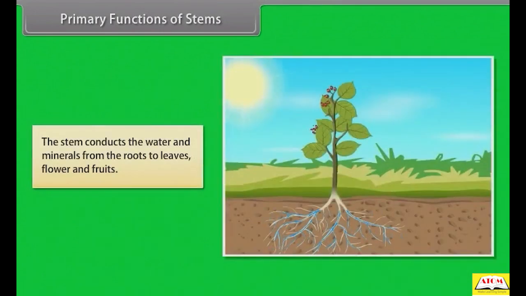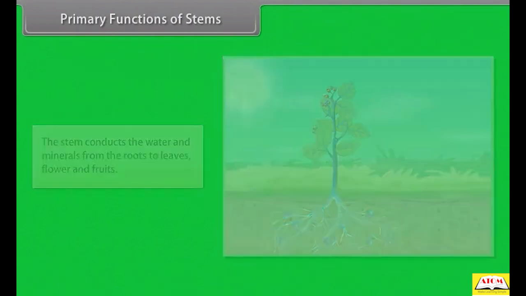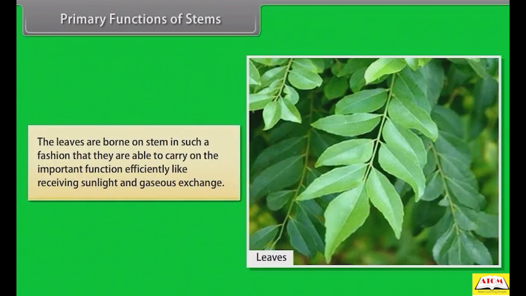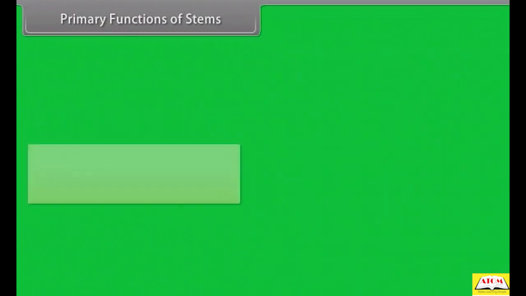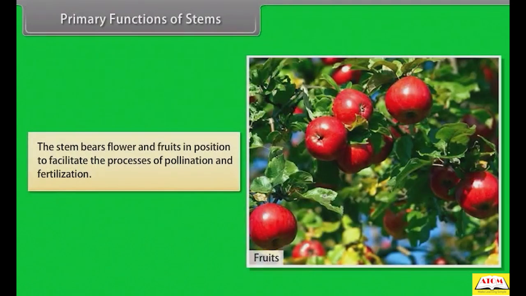The stem conducts water and minerals from the roots to leaves, flowers, and fruits. The leaves are borne on the stem in such a fashion that they are able to carry on important functions efficiently, like receiving sunlight and gaseous exchange. The stem bears flowers and fruits in position to facilitate the processes of pollination and fertilization.